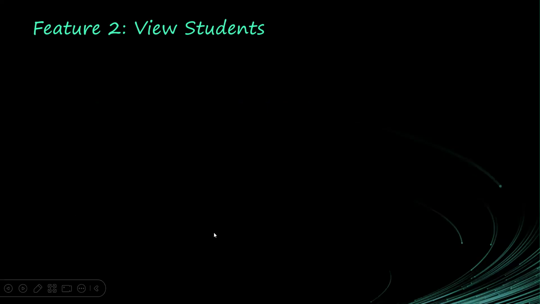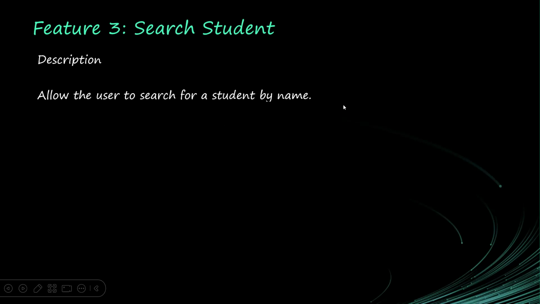Okay. So the next thing we have achieved is view students. If the file does not exist, we print no student record found. Now let's talk about searching for a student.